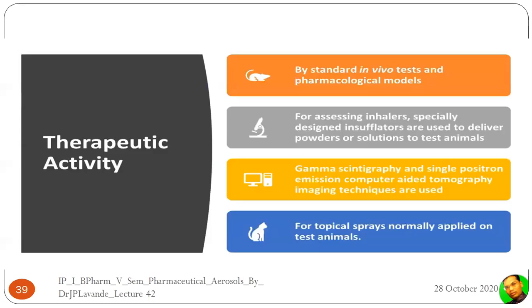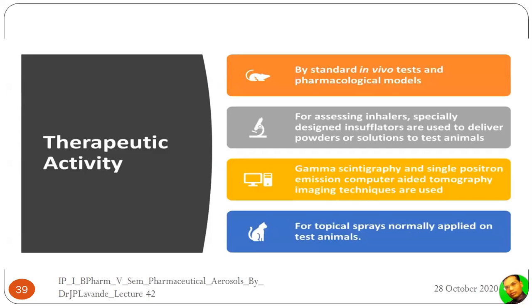Then the therapeutic activity. Now, this is the standard in vivo test, and it is as per the pharmacological models. It is to be performed in order to evaluate the therapeutic activity and the efficacy of the aerosol systems. So this is used for assessing the inhalers, specially designed insufflators, which are used to deliver the powder or the solutions to the test animals.